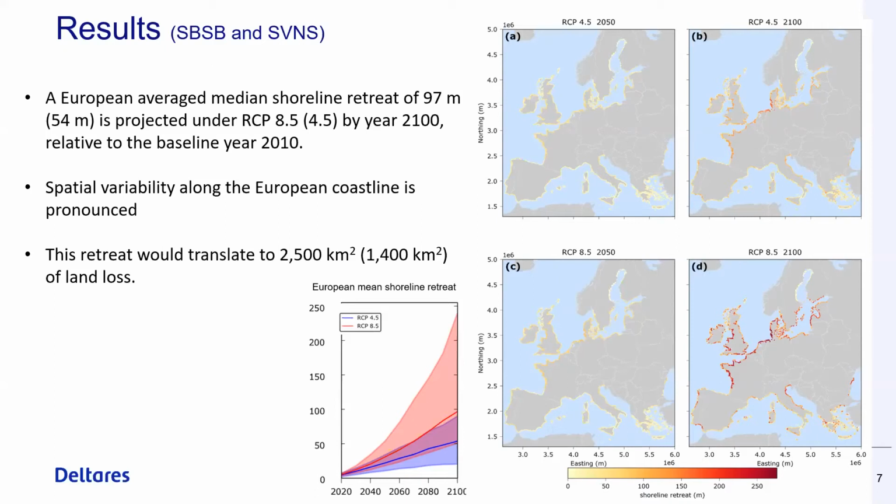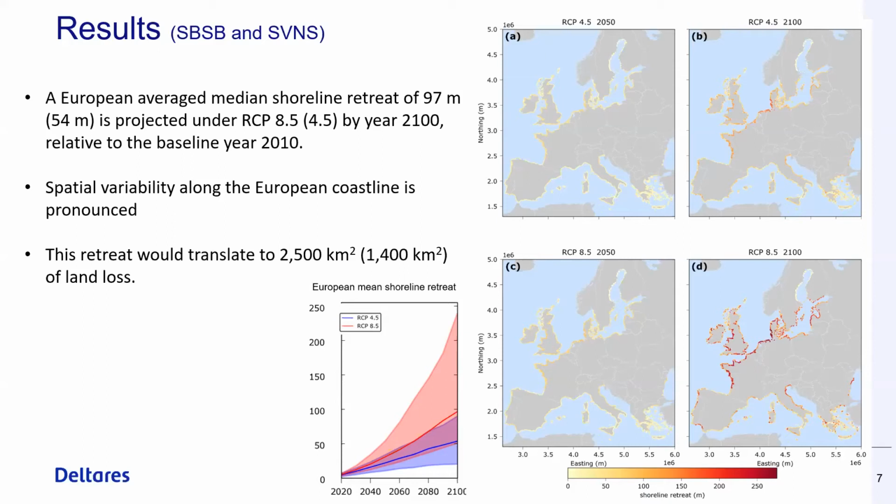You can see as well how the European average of this index will change through the century for the 2 RCPs. And actually, we can see that the median values will be around 97 meters on average around Europe for RCP 8.5 and around 54 meters for RCP 4.5.